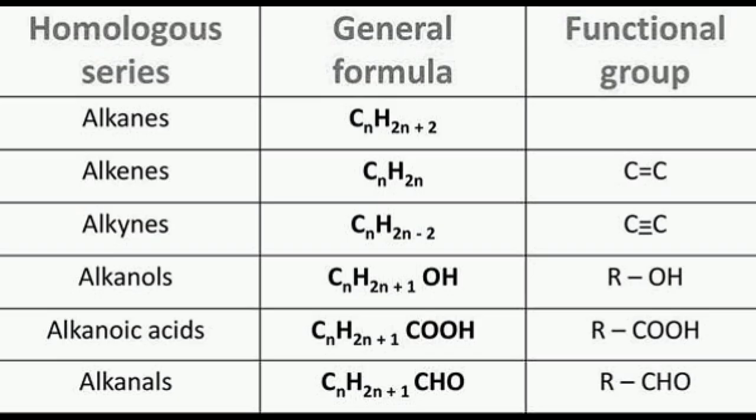Okay, so we have different homologous series, but we're going to discuss for now alkane, alkene, and alkyne. Alkanes have the general formula CnH2n+2, and the simplest member is CH4, methane. Alkene has the general formula CnH2n, no plus 2 this time, and the simplest member is CH2=CH2, that's C2H4.